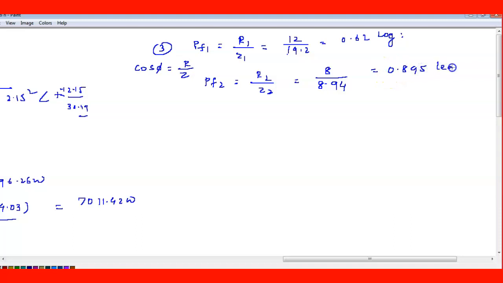Okay, this will lead because this is the power factor in the second one, which is the capacitor. Next, total power factor is equal to cos phi. Our phi we already got, 4.03, so 0.998. This will also lead here. Any doubt till here? Got it till here? Any doubt, any confusion in this?